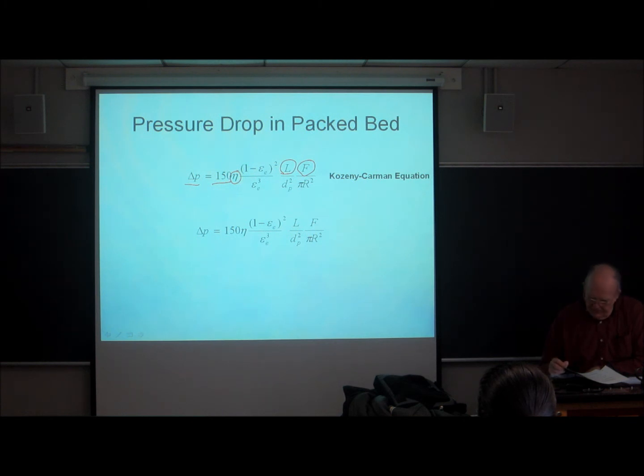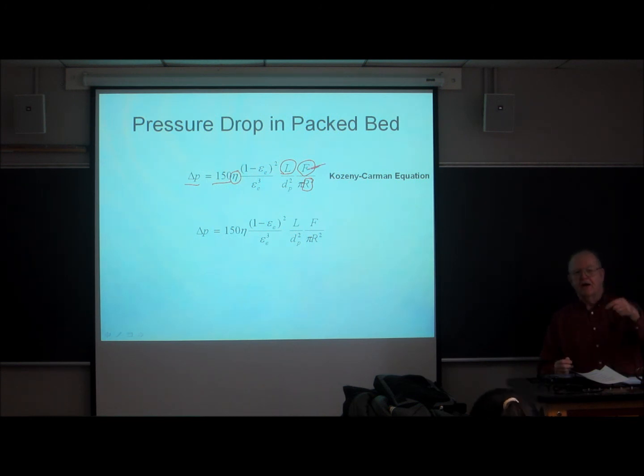Inversely proportional to the square of the radius of the column. If we put linear velocity up here instead of flow rate, that would cancel out that radius dependence. All that really matters is the linear velocity.